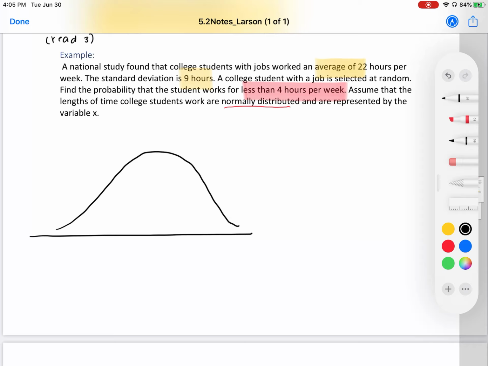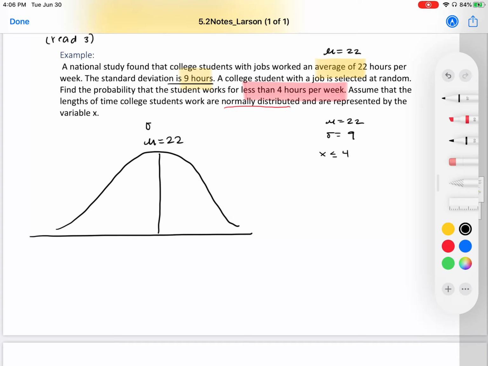So here we're told that we have a mean of 22. We have a standard deviation of 9. And we want to find those values that are less than 4. Okay, so let's label those pieces. On our bell-shaped curve, that middle peak is our mean.